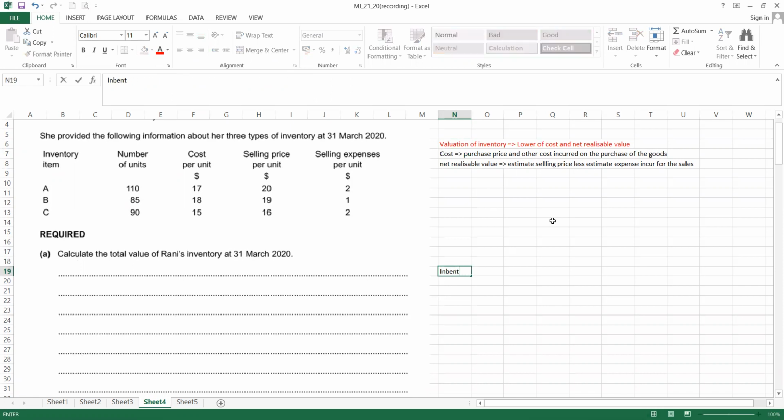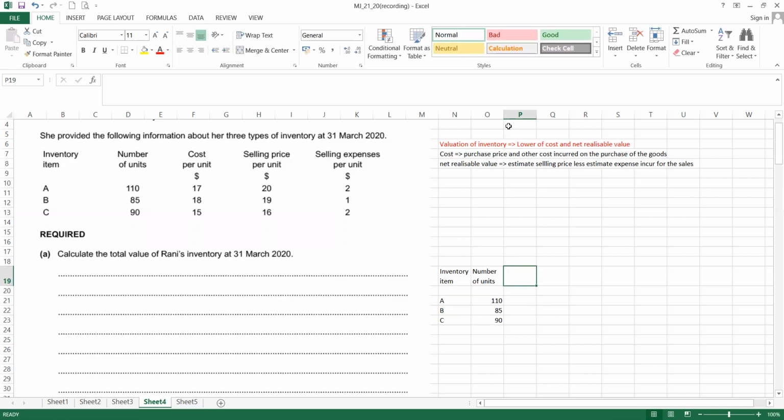Inventory item, A, B, and C. And number of units: 110, 85, and 90.